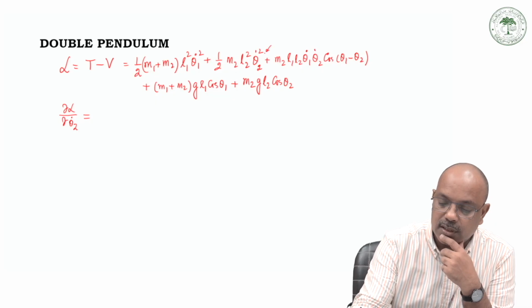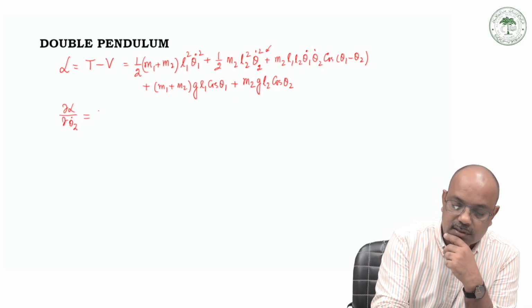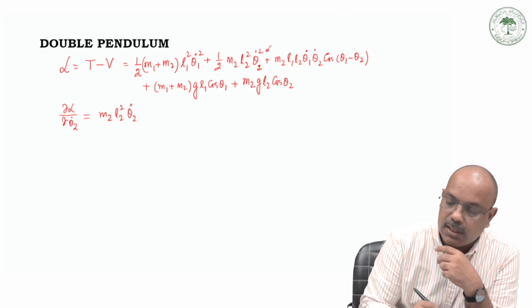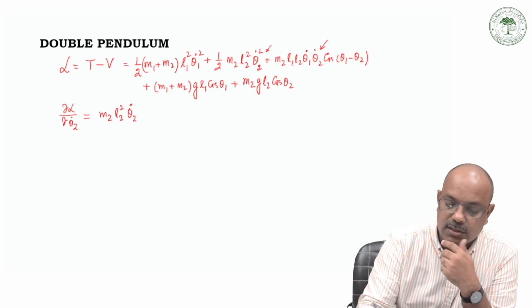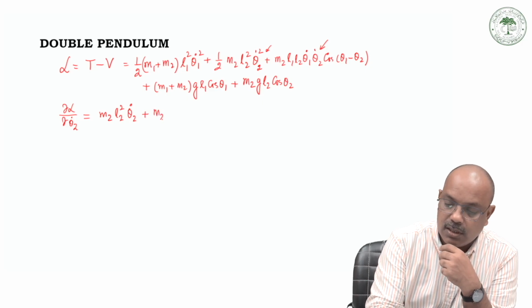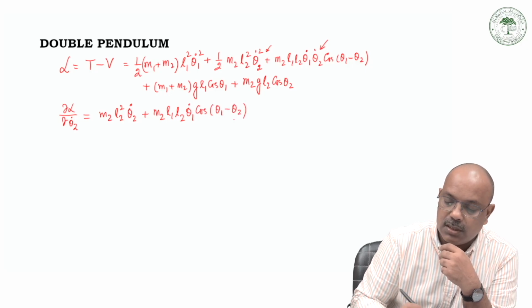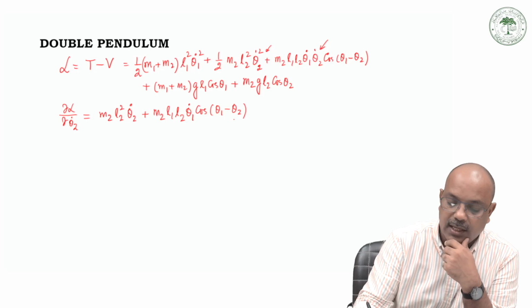Theta 2 is here, so I can have m2 L2 square theta 2 dot, and theta 2 again is here, so this is going to be m2 L1 L2 theta 1 dot cos(theta 1 minus theta 2).